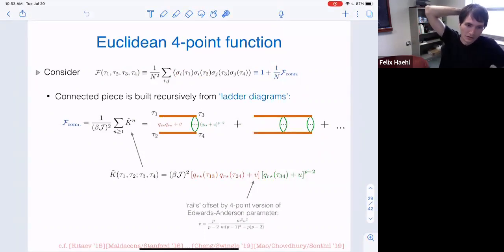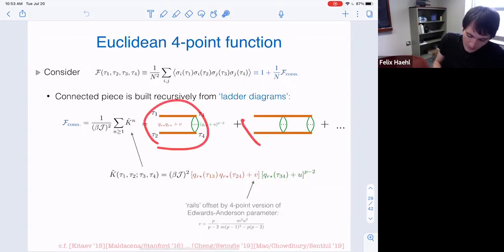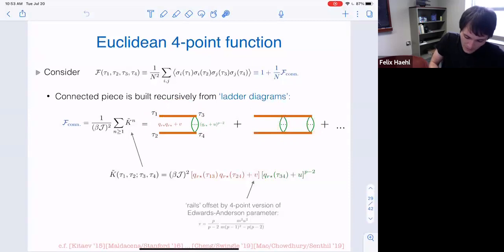If you consider the effective action and the types of interactions you have in the model, you'll find that the leading contributions to this connected piece are diagrams where our spins sit at the edges, and you add rungs with p minus 2 copies of the 2-point function to construct these ladders.